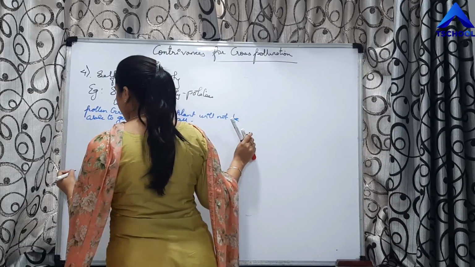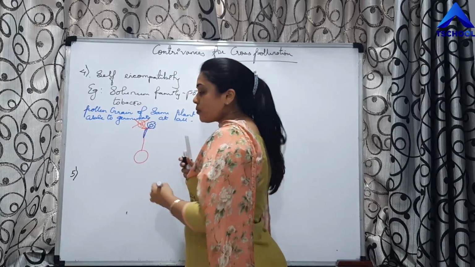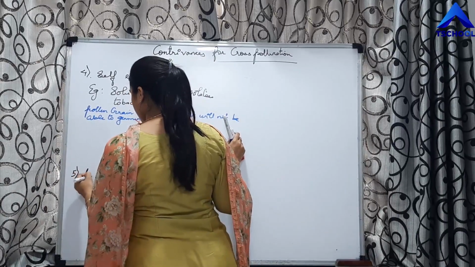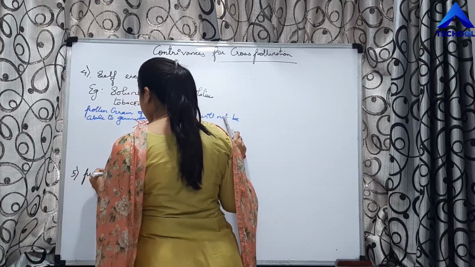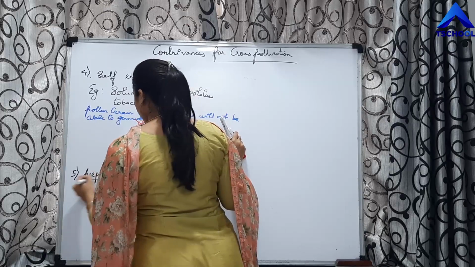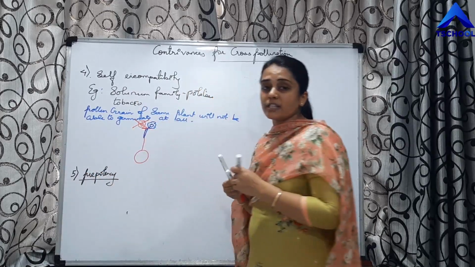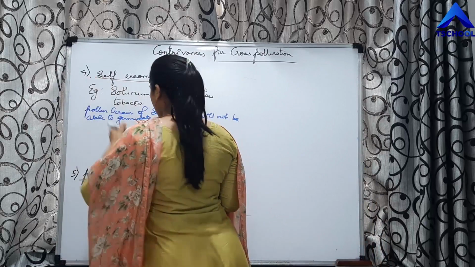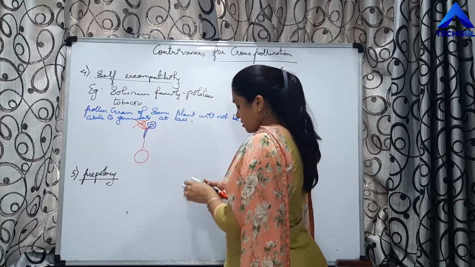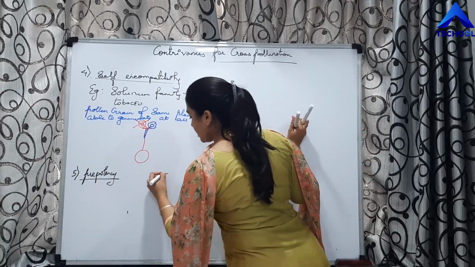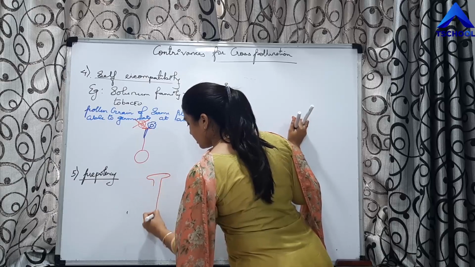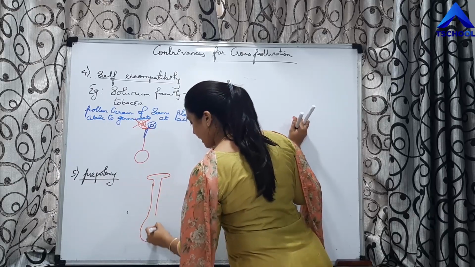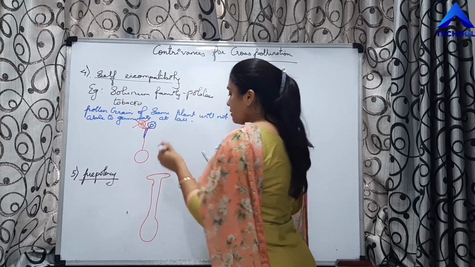Then the next adaptation for cross-pollination is prepotency. It is very similar to self-incompatibility. There is only a minor difference, right? So this is the stigma, style and ovary, right?